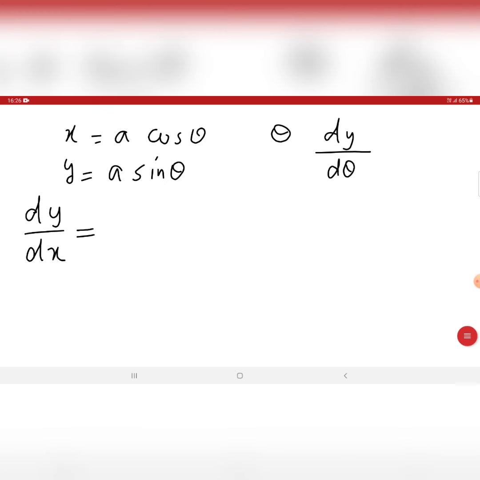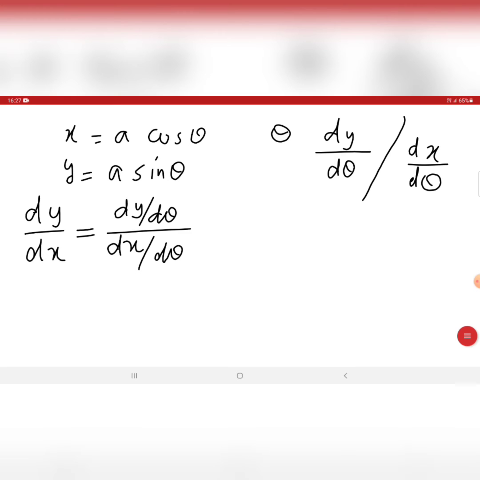Then the derivative of x with respect to theta, and divide the first one by the second one. Then we will get the derivative of y with respect to x. So dy by dx is equal to dy by d theta divided by dx by d theta.